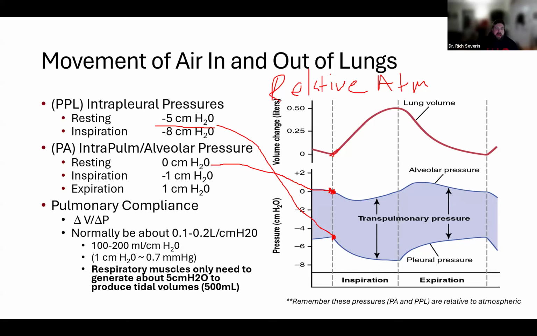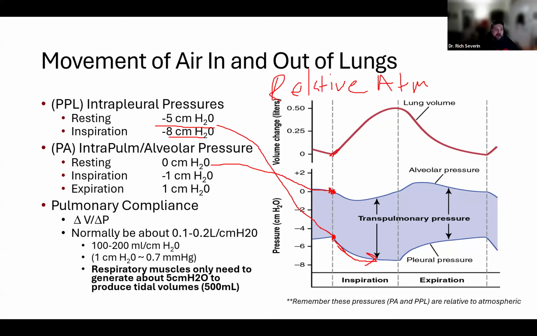As we begin to inspire, the chest wall expands, and that causes the pleura to become more negative. More negative, so it goes from -5 to -8. That allows the lungs to expand because the pressure around them is even lower.